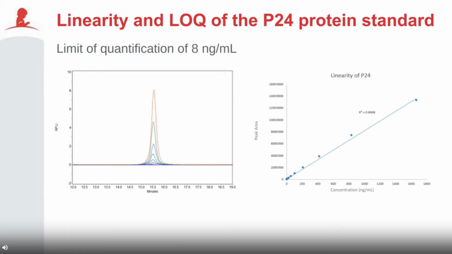The figure on the left is the overlaid traces of the P24 peaks with 2-fold serial dilutions, and the figure on the right is the corresponding linearity plot. Impressively, the plot covers 3 orders of magnitude, and we determined the LOQ to be around 8 nanograms per mL for the P24 standard.